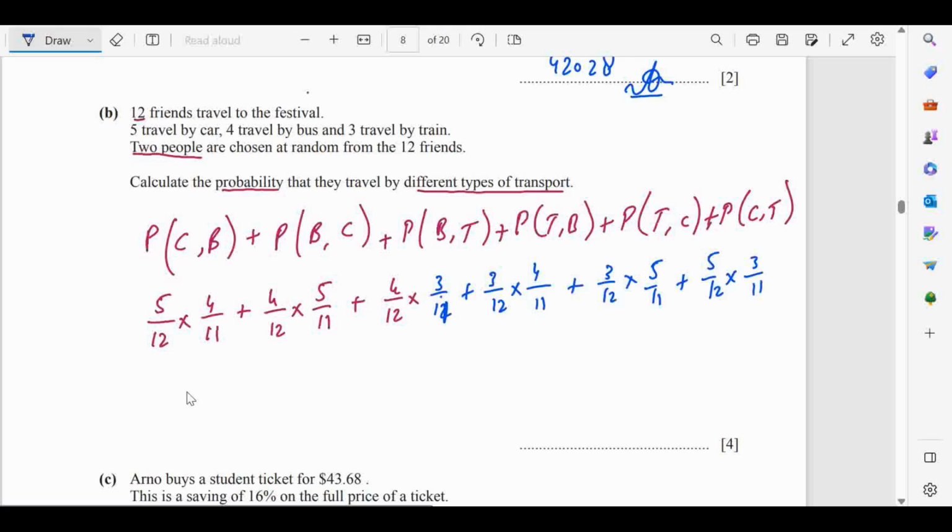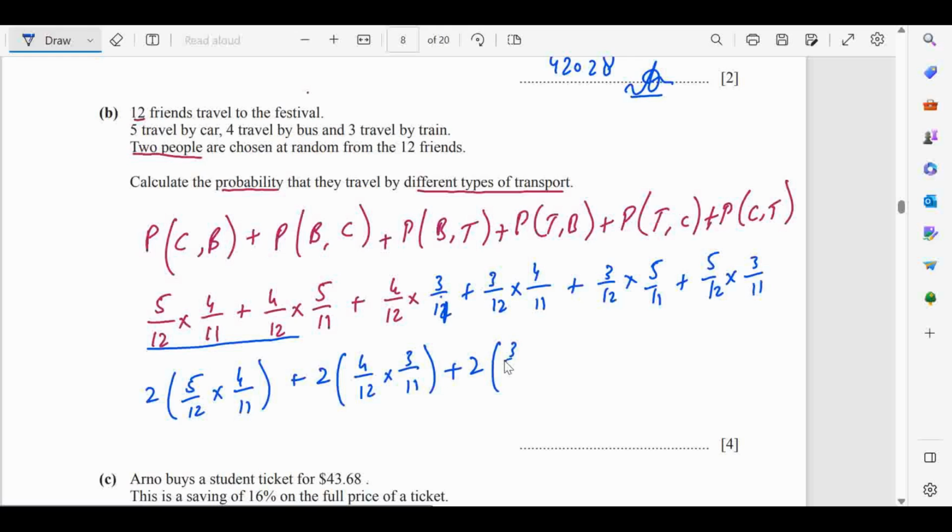So we can directly write this as 2 into 5 by 12 multiply by 4 by 11 because these two are same. Similarly, plus 2 into 4 by 12 multiply by 3 by 11 because these two are same. Denominator is same and numerator is same, so we can multiply it with 2. So plus 2 into 3 by 12 multiply by 5 by 11.